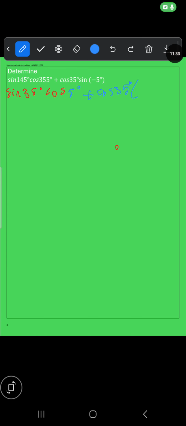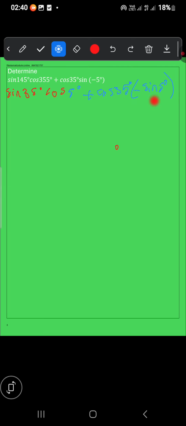So therefore this is negative sine 5 degrees. Now if I multiply cos 35 and negative sine 5, you are going to get negative, and this sign here will change. This times this becomes negative, then this negative sign will be overpowered.